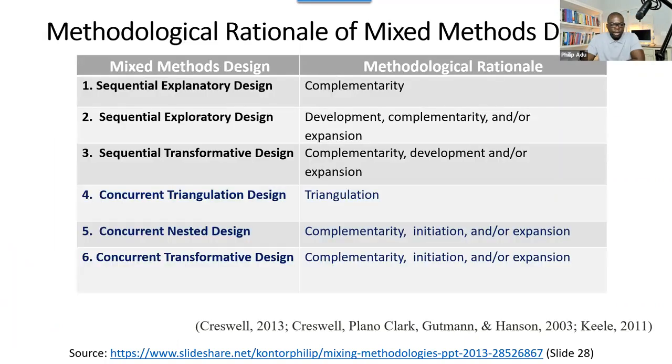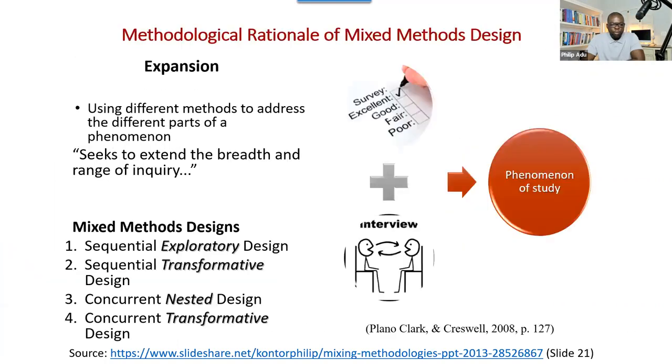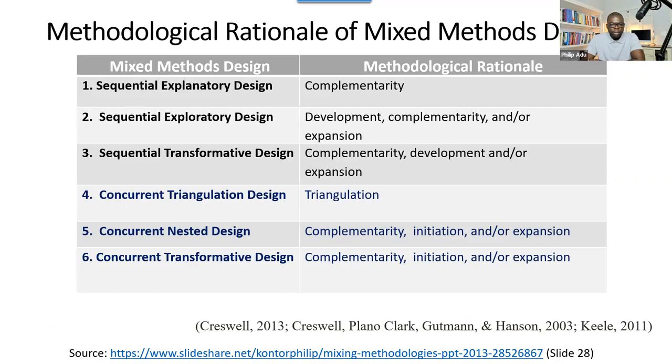So these are the rationales. As I said, you can choose one of them to defend your design. This is just an overview. So let's see, if you are doing sequential explanatory design, you can use complementarity. If you are using sequential exploratory design, you can use development, complementarity, or expansion. If you are using sequential transformative design, you can use complementarity, development, expansion.